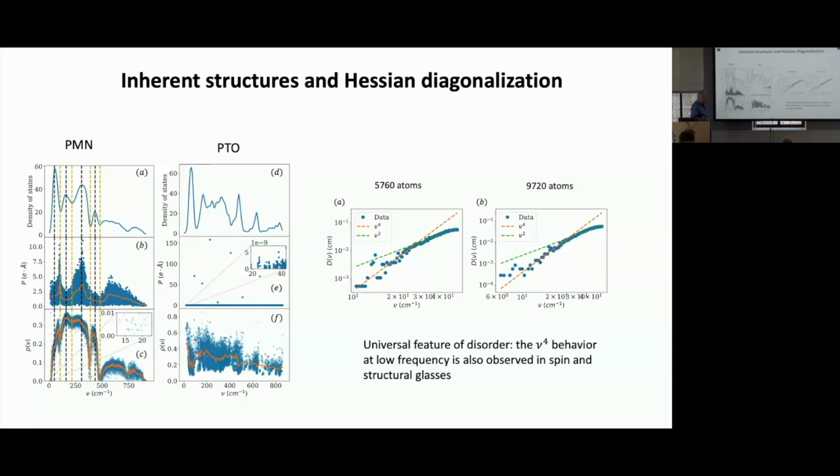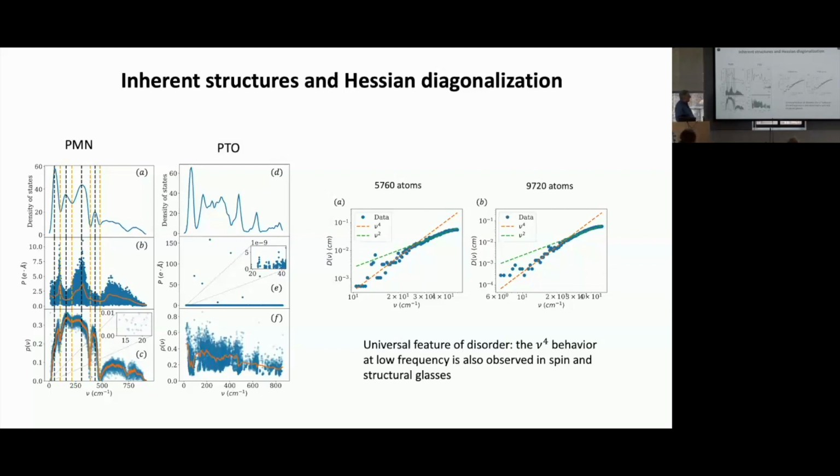And this is a universal feature because it doesn't depend on the dimensionality. We did it for a three-dimensional system, but it doesn't depend on the dimensionality, unlike the omega square, which is the Debye contribution that should go like omega to the d minus 1. So we have this universal feature of disorder.